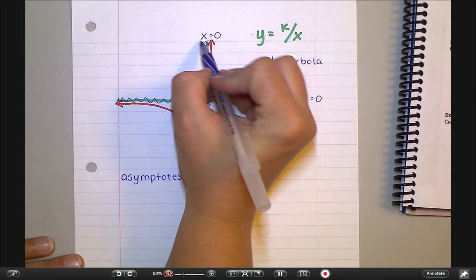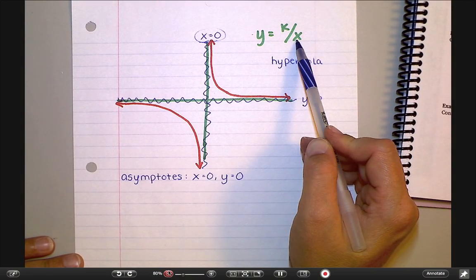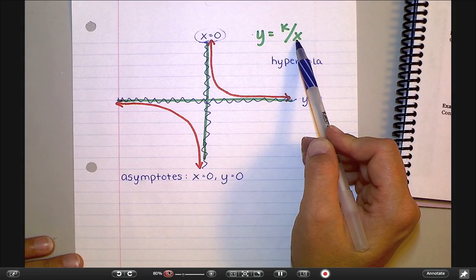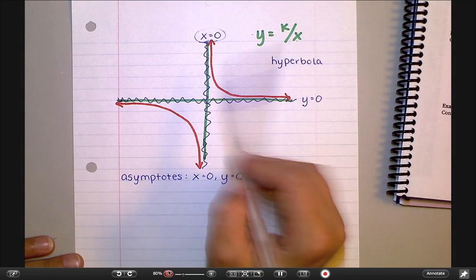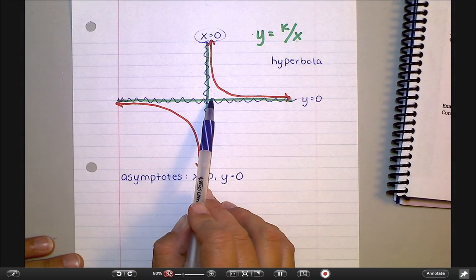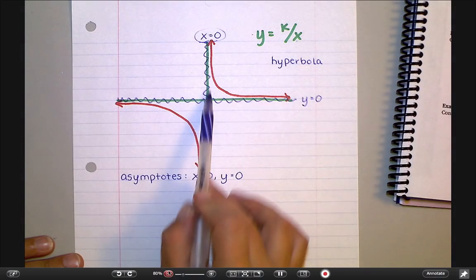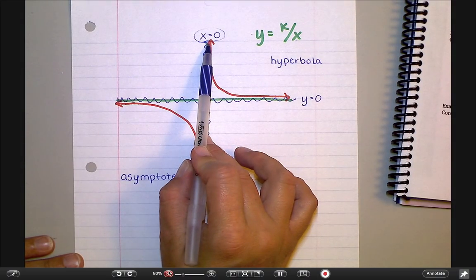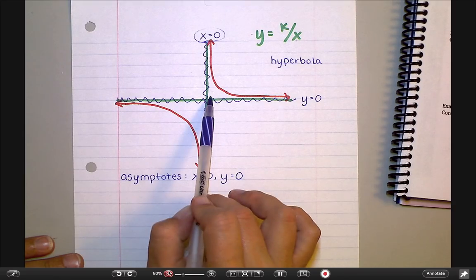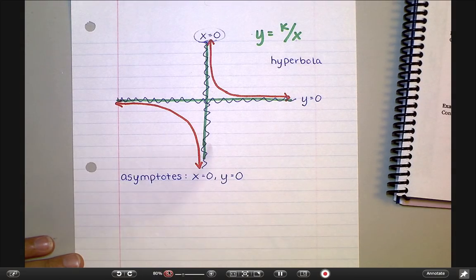The reason for this asymptote is because we know that we can't ever plug a 0 in for x. We can't ever let x be 0, and so we get this gap in our graph. We can plug in things that are very close to 0, like 0.0001, and we're going to get something pretty tiny. Or we can plug in a negative 0.0001, but I can never plug in 0 itself.